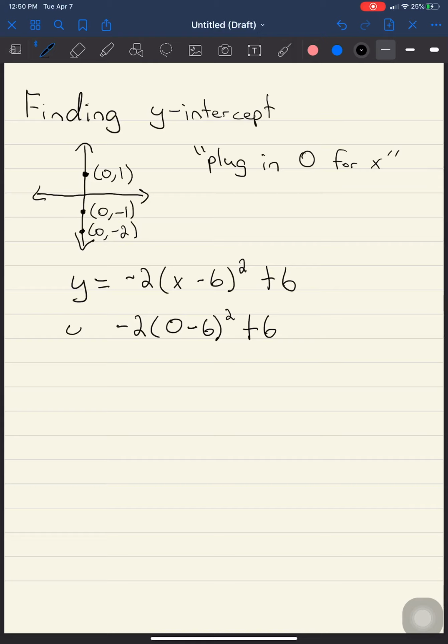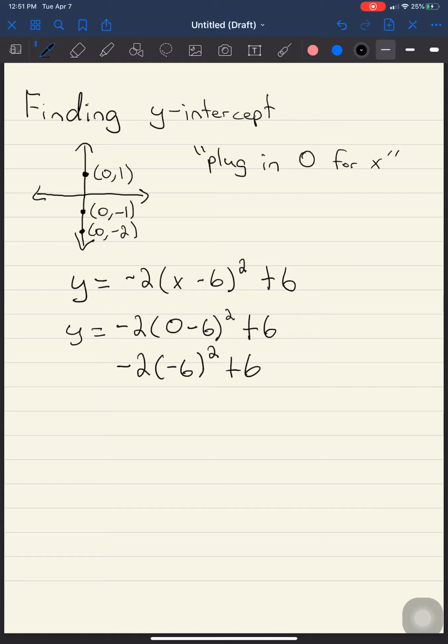Now, because we're solving for y here, we don't have to worry about moving things from one side of the equation to the other. We can just do it all on this right-hand side. So we're going to use the order of operations. PEMDAS: parentheses first. 0 minus 6 is just going to be negative 6.